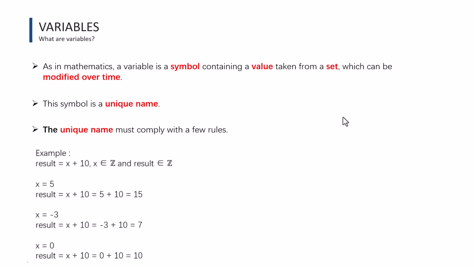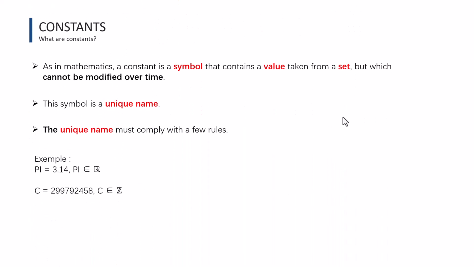In the second case, if x equals negative 3, then result will be negative 3 plus 10, which gives 7. And in the third case, if x equals 0, then result will be 0 plus 10, that will give 10.